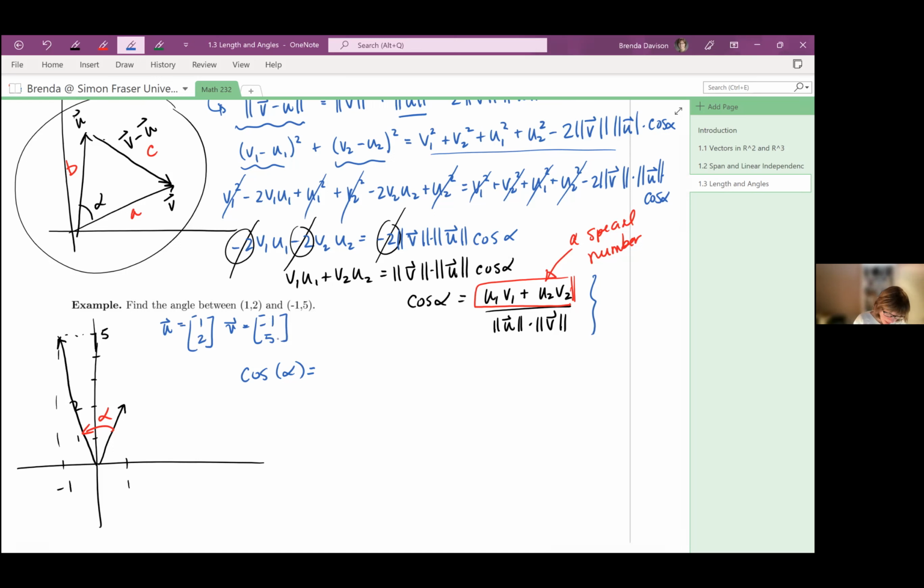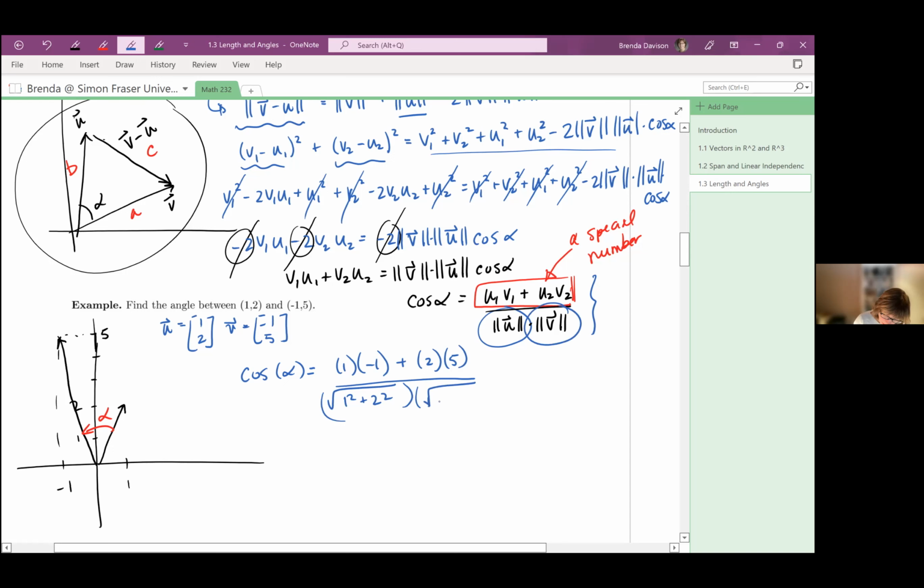So I'm going to put that in: U1 multiplied by V1 plus U2 multiplied by V2, divided by the norm of U, and that's going to be the square root of 1 squared plus 2 squared, multiplied by the norm of V, and that's going to be the square root of -1 squared plus 5 squared.